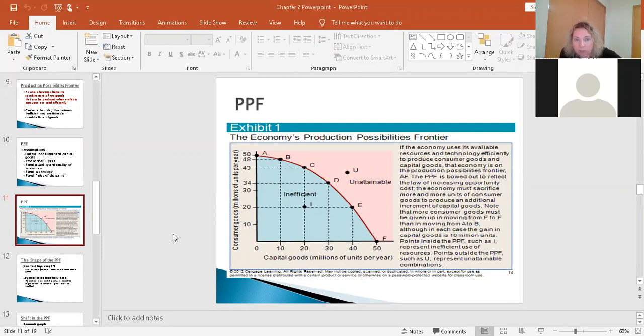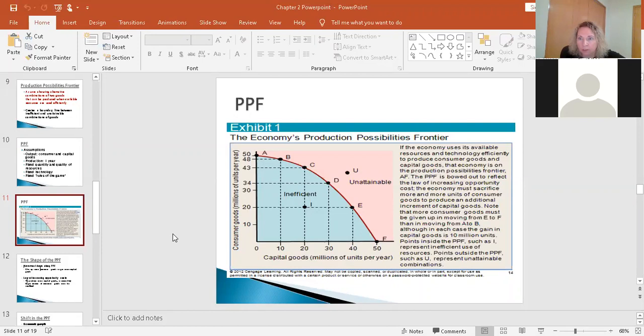And then as we go from C to D, what happens? Too early for math? It's gonna be 9, right? It is too early for math, I'll agree. Then it goes to 9, and then it goes to 14. And then to gain those last 10 million units from E to F, or from 40 to 50, you have to give up 20 million units in order to gain that 10.